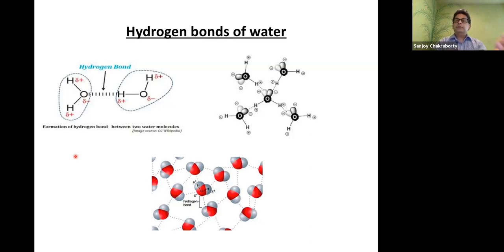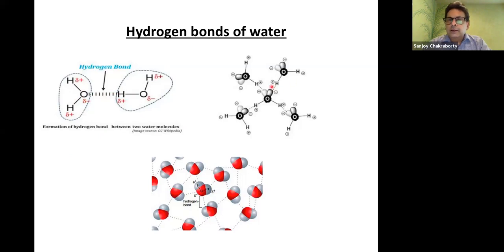Now, when I say this problem, what happens because of the formation of that tiny charge is they attract their neighbors. Because in a drop of water, there could be billions of water molecules. So the other H plus, which is positive, and the oxygen, which is delta negative, will have a weak attraction. That's why they're denoted by a dotted line.